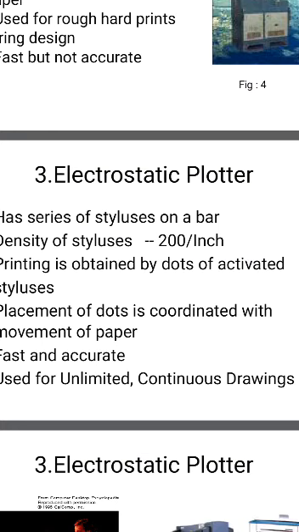So to get accuracy, we will use the electrostatic plotter. Its accuracy will be 200 per inch, with a bar mounted which sprays onto charge sensitive paper.